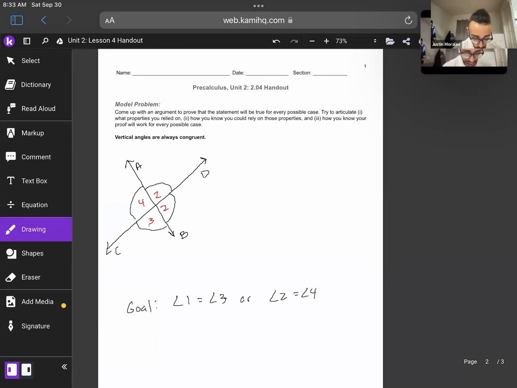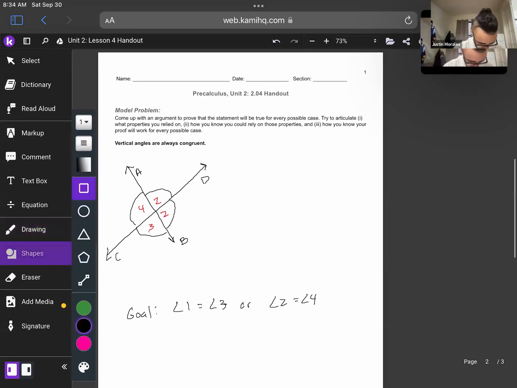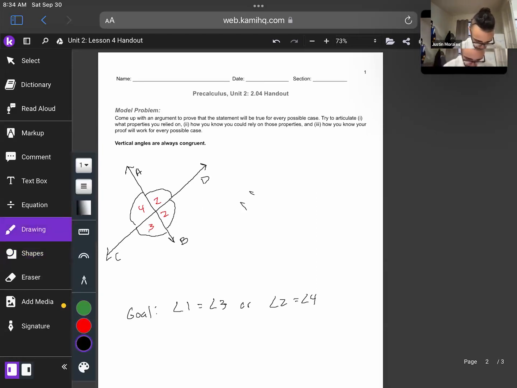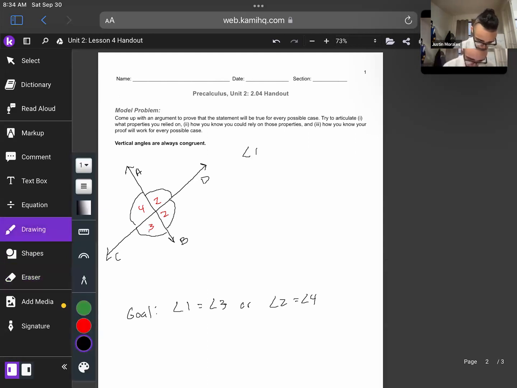One thing I know right away is that I can say that angle 1 plus angle 2 equals 180 degrees.